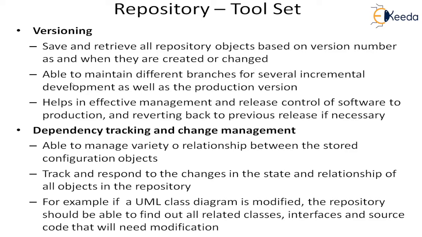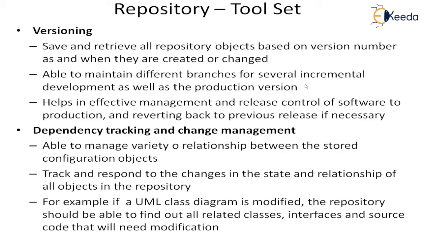Then this versioning capability will provide the capability to maintain different branches for several incremental developments as well as for the production version. So there will be a production version which will be the latest version, which is possibly baselined.